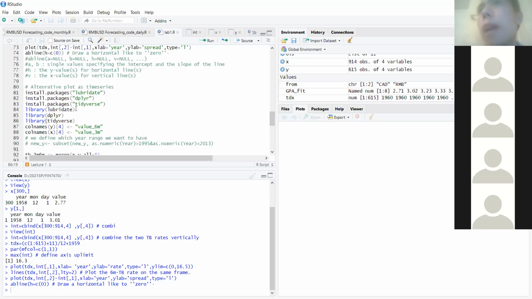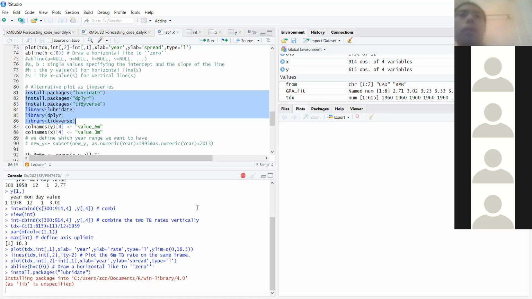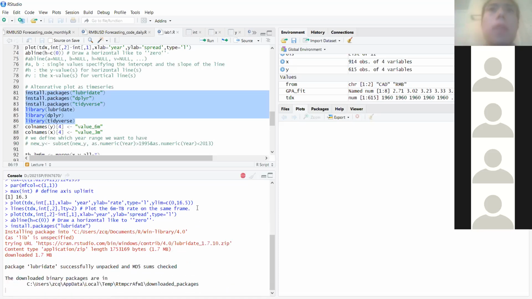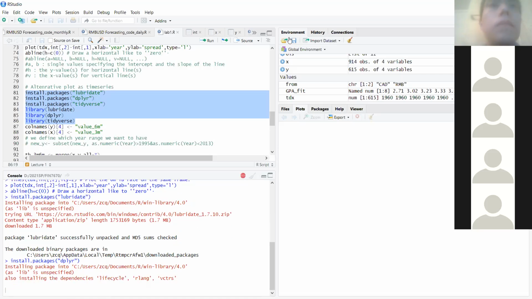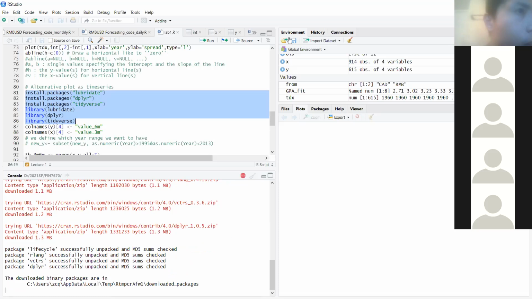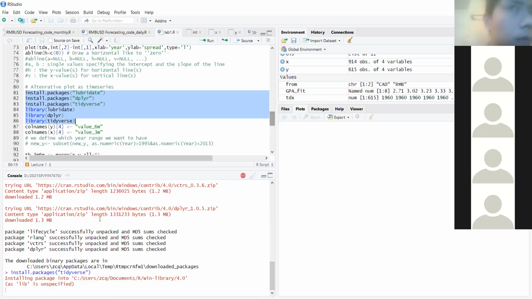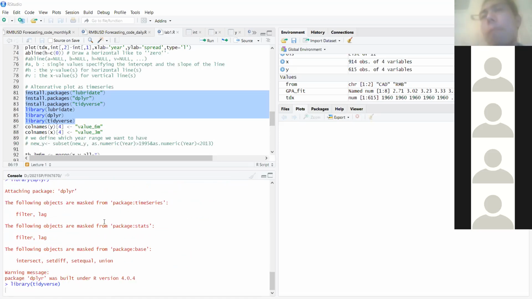Those 3 packages will help you convert the original data and do some really complicated data wrangling or data manipulation work. We will see that. You first need to install them on your computer and call them. Let's firstly install them. It requires some time.